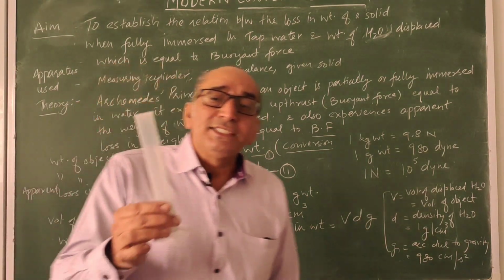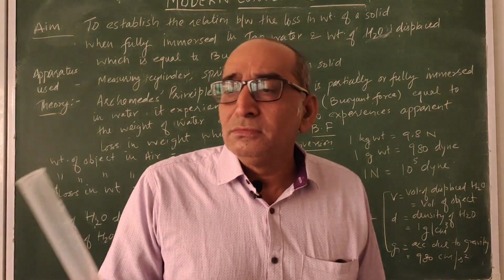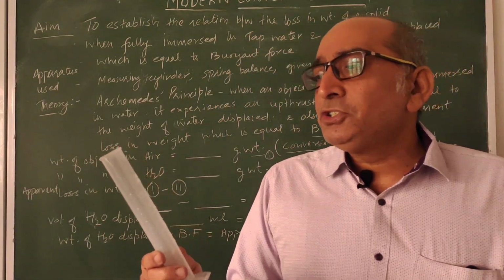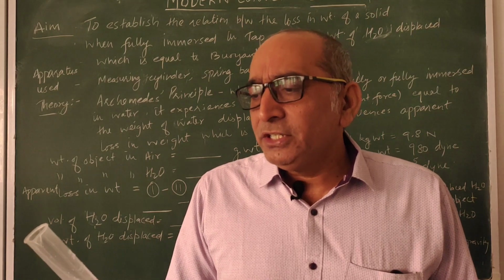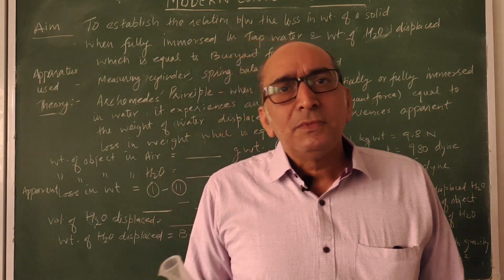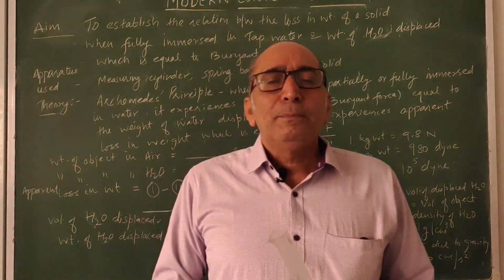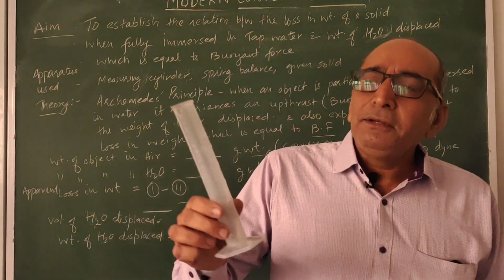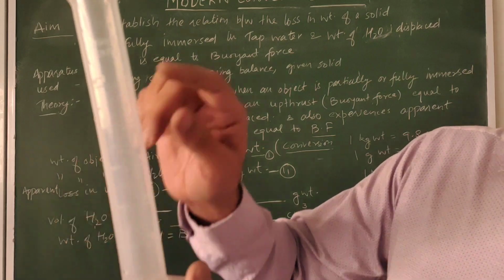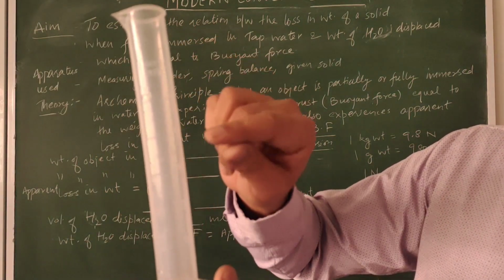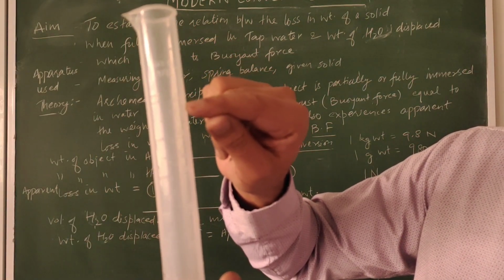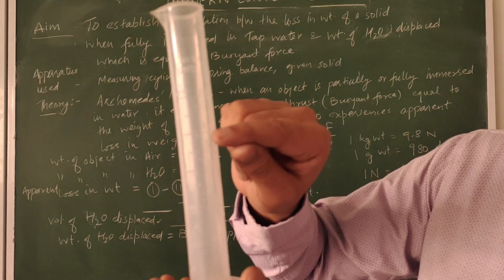first we have to find its least count. Least count, as you have been told in previous videos, is the minimum measurement which can be done by a scale. Here on this scale we have got a 50 mark and a 40 mark.